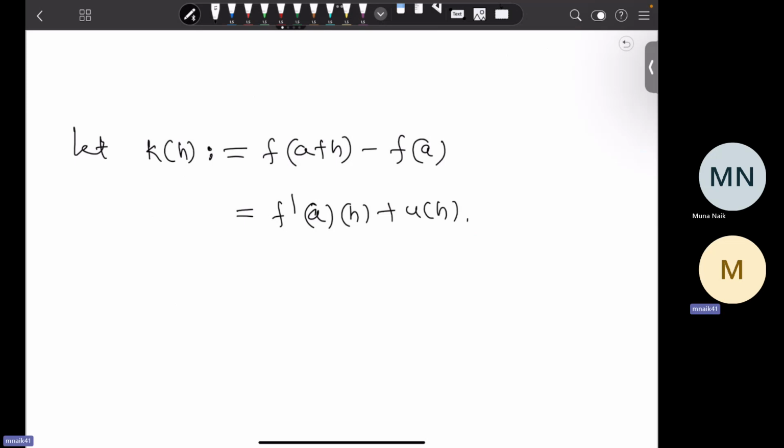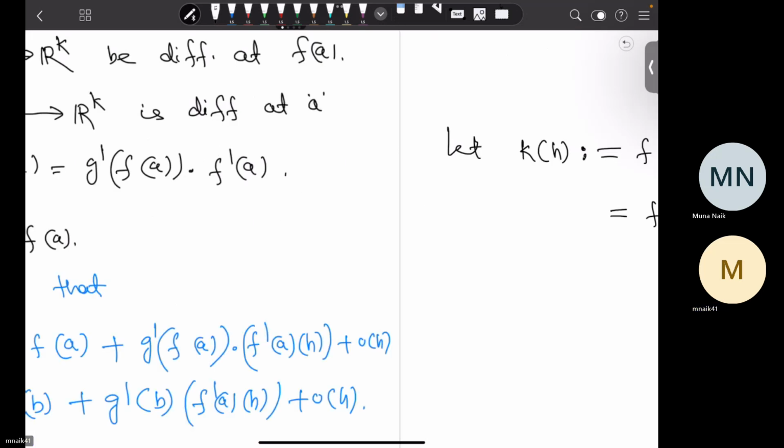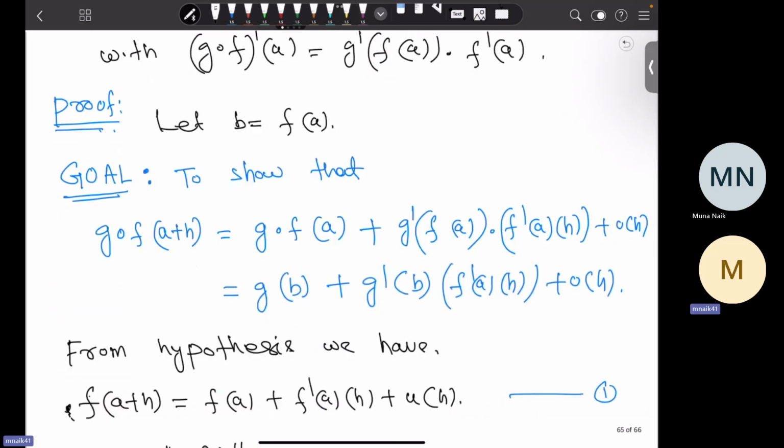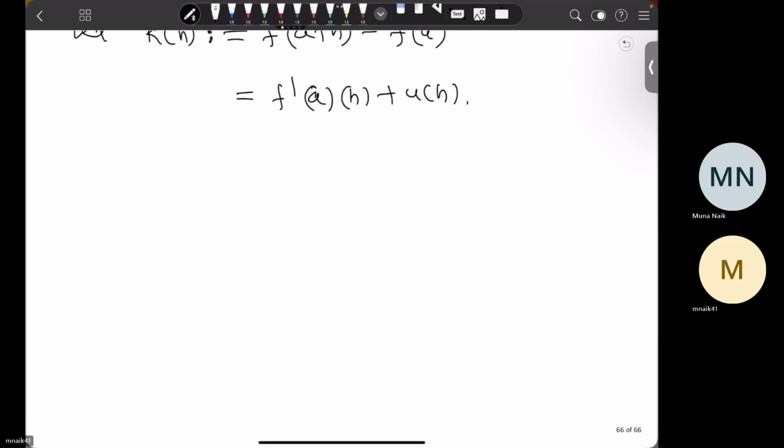Now what am I to show? G composition f at a plus h, right? So this is the same thing as G of f of a plus h.